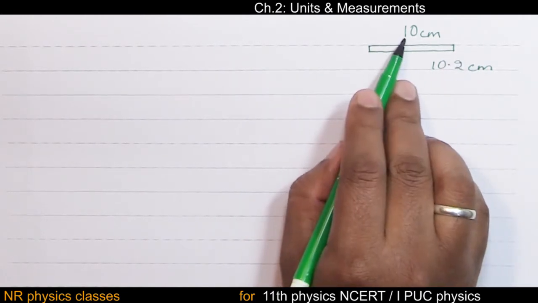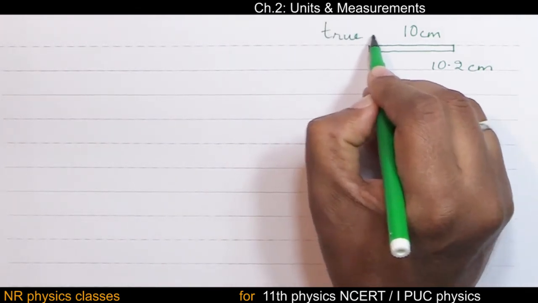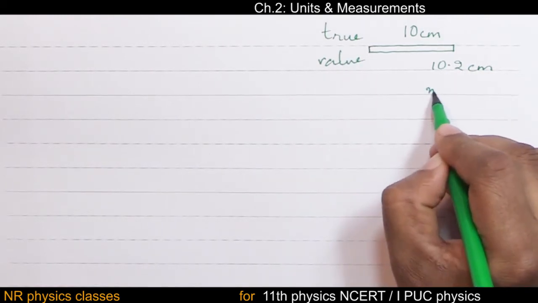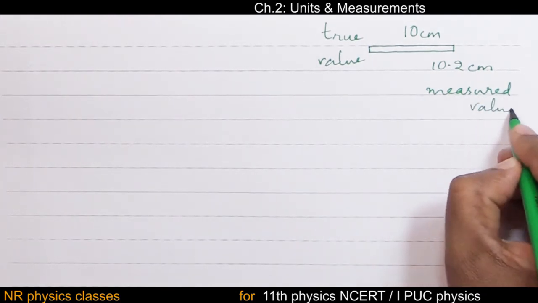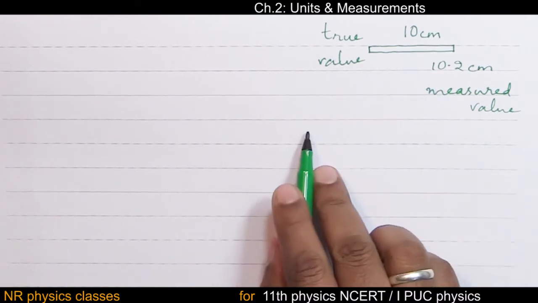This is called the true length, true value, and this is the measured value. The difference of these two is the absolute error.